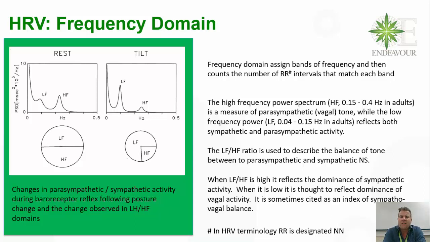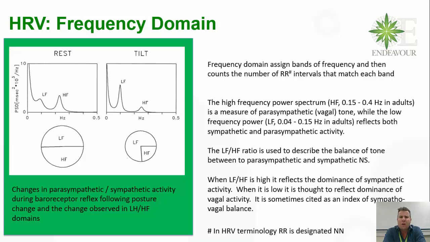To get the frequency domain of heart rate variability, they assign bands of frequency and then count the number of RR intervals that slot into those frequency bands. When you do such a maneuver, you come up with two distinct frequency spectrum bands that correspond to the vagal tone and the sympathetic tone, that is, a reflection of the sympathetic and parasympathetic tone that's innervating your heart.